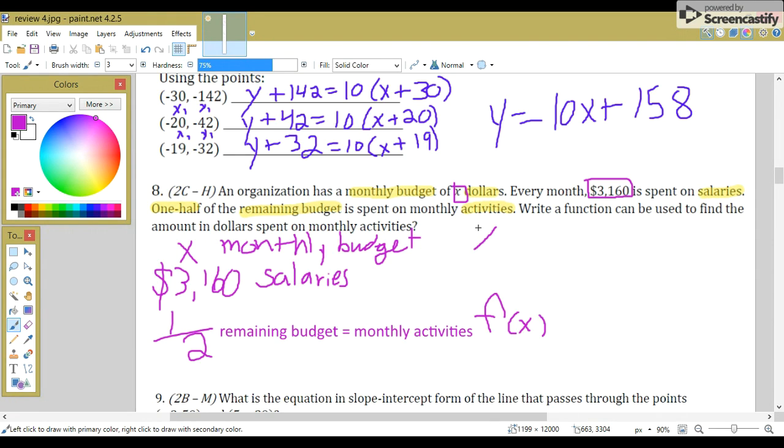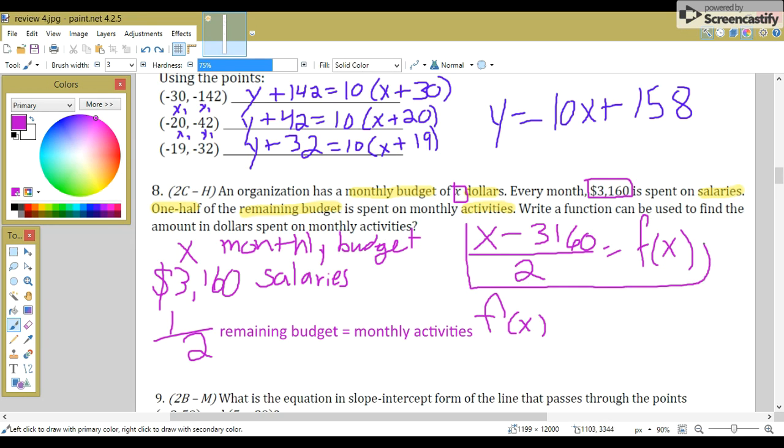So to get the remaining budget, you have x minus $3,160. We're spending 1/2 of that remaining budget for monthly activities. That's f of x. So that is your answer. That is your equation.